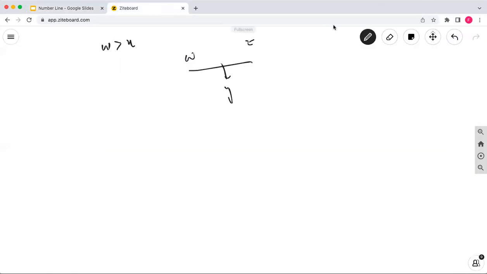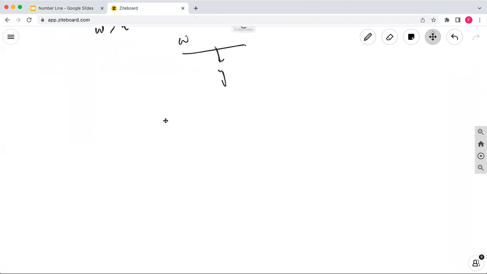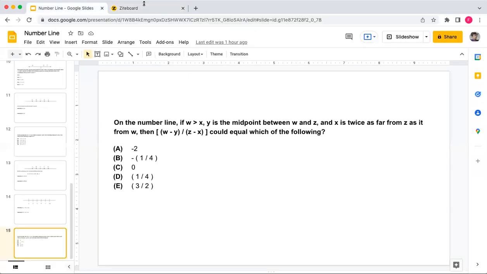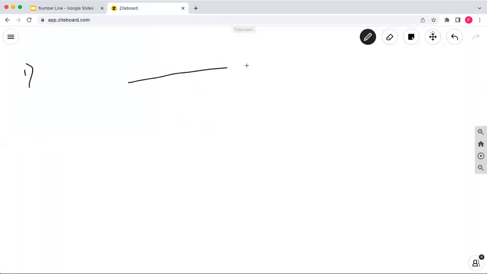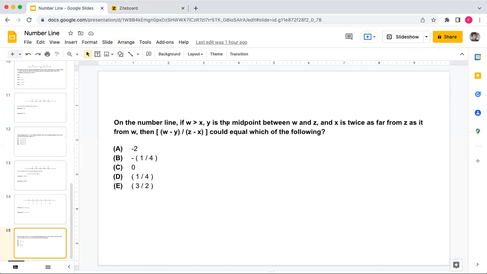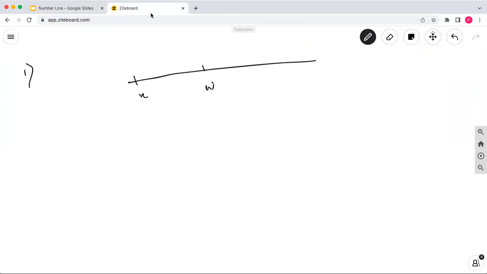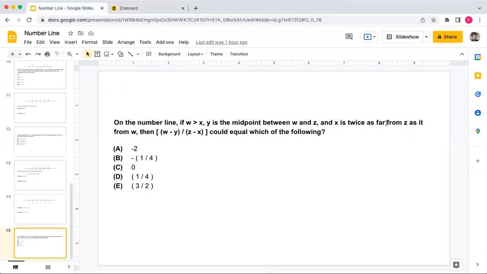Okay, so let's first come up with the scenarios. First scenario: the question said that W is greater than X, right? If I assume this as W and this as X, next thing is Y is midpoint of W and Z. And X is twice as far from Z as it is from W. Does everyone get what this statement means?